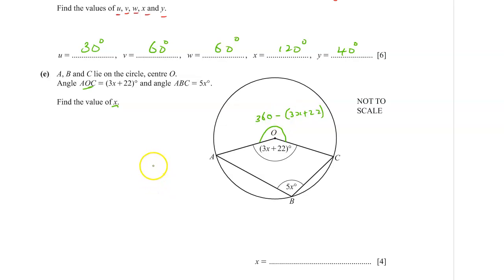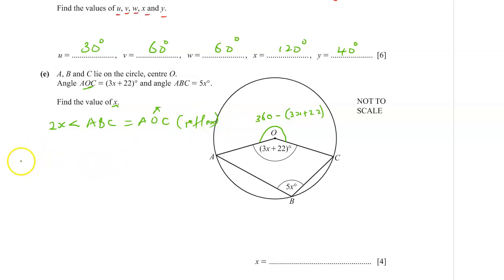And therefore we could say 2 times angle ABC is equal to angle AOC, this angle here, because it's a reflex angle.